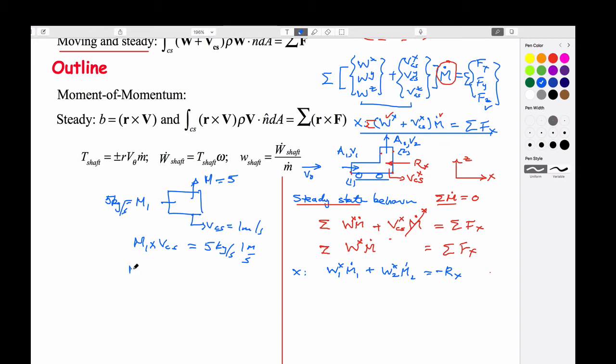And so M2 times VCS is equal to 5 kilograms per second multiplied by the velocity of the control surface in the x direction, which is 1 meter per second. This is flowing into the system, negative.